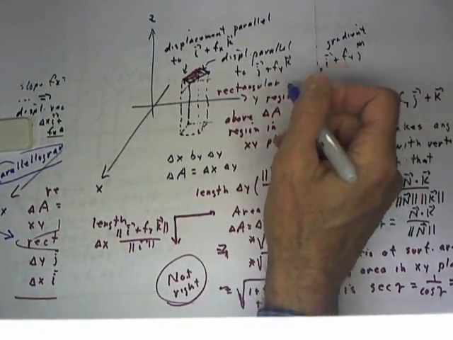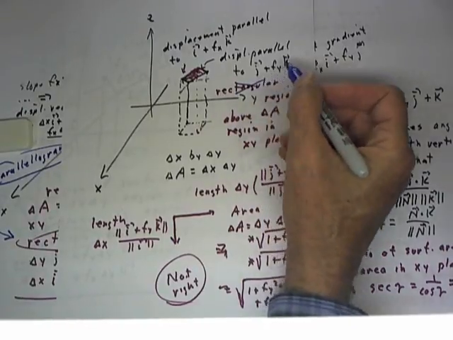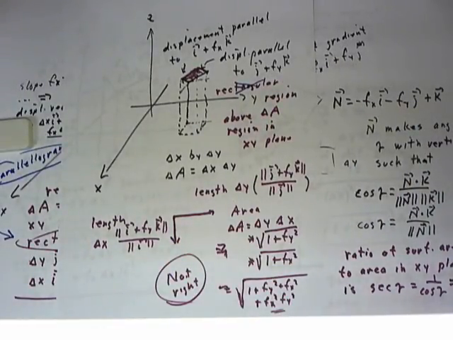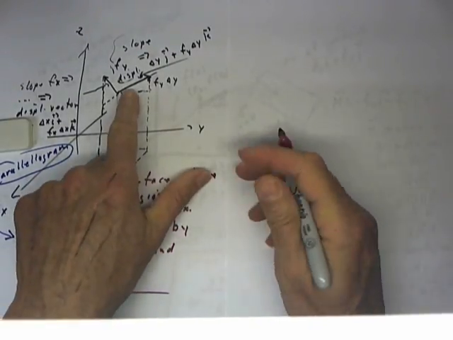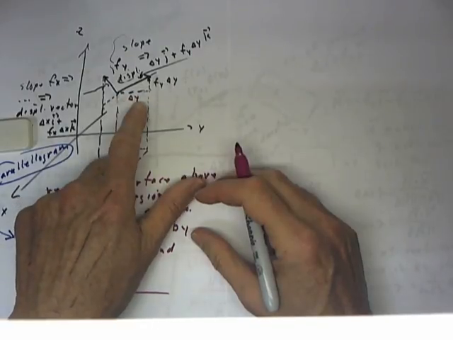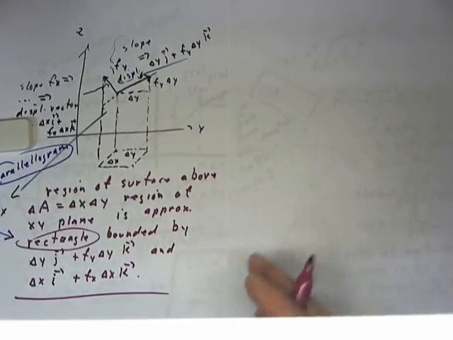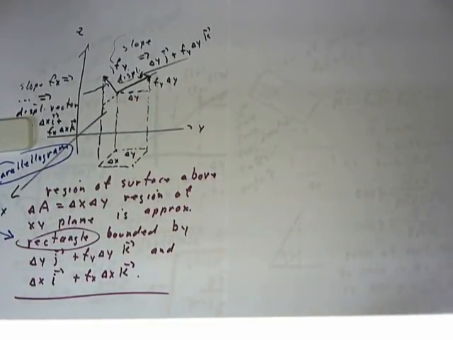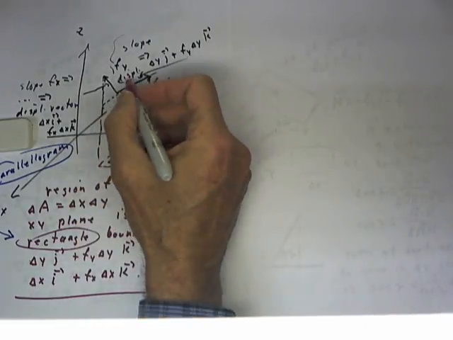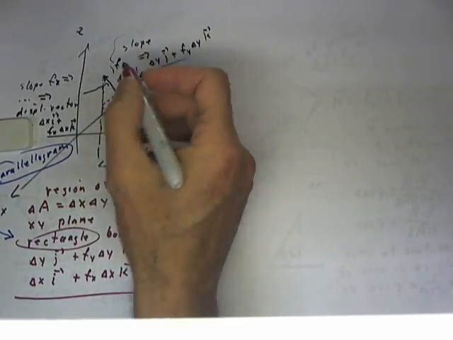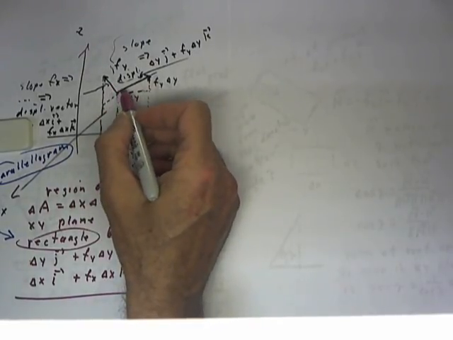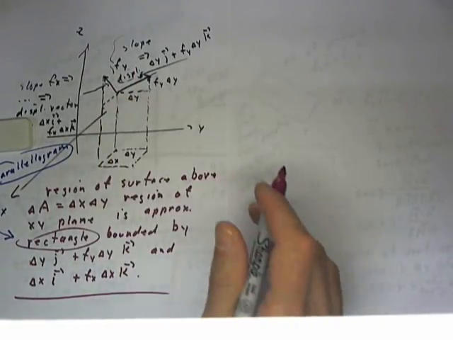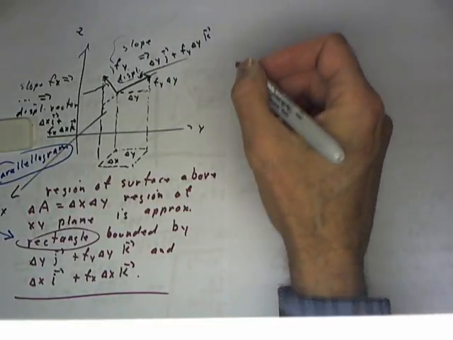It's not rectangular. So the area of this region is still easily calculated, and actually more easily than what I did in my previous erroneous attempt. We simply take the cross product, because the area of a parallelogram is the cross product of the vectors along two sides. So the magnitude of the cross product.